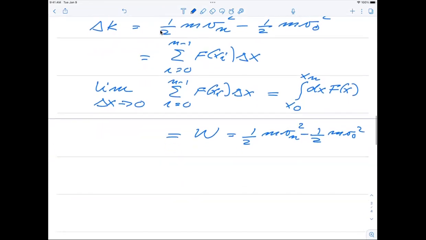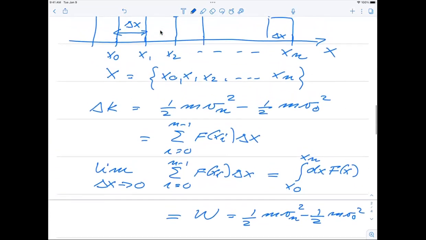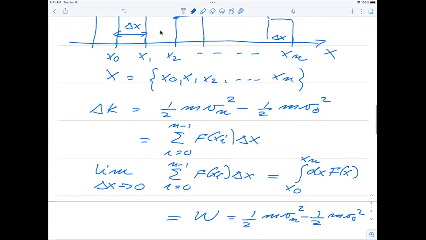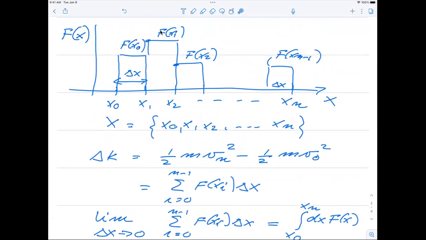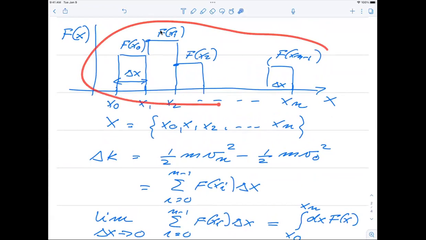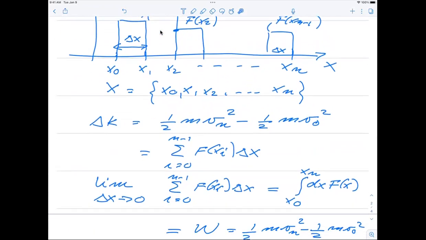Now, in this specific case, we had a one-dimensional object, but you can easily extend this to 2 dimensions, 3 dimensions, and so on. Now, if you look at the expressions which we put up here, you can easily see from the graphical representation which we had here, that this is actually the definition of the process of integration when we let the delta x become smaller and smaller and smaller.